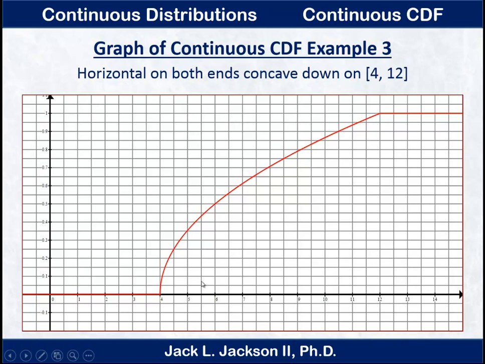The interesting part is between 4 and 12, and we could basically just think of our function as being defined on that interval, and we would get basically the same result. If we graph this in a window where (4, 0) is at this end and (12, 1) is at this end, it would go corner to corner, increasing, concave down in this case.